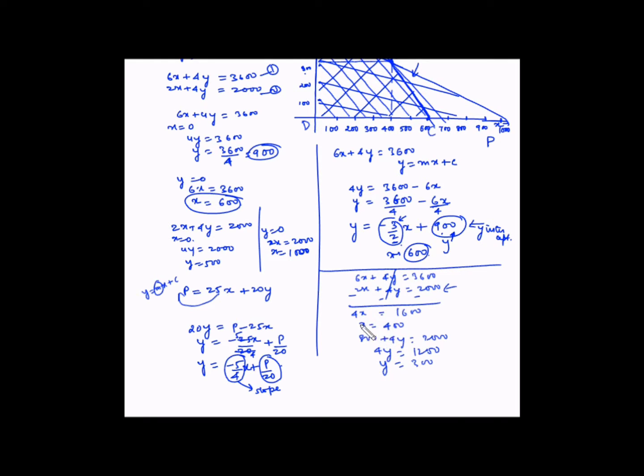So we get x is equal to 400 and y is equal to 300. So after solving this problem using the linear programming graphical method, we get a solution to manufacture 400 units of P and 300 units of Q.